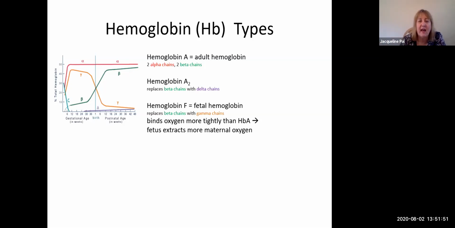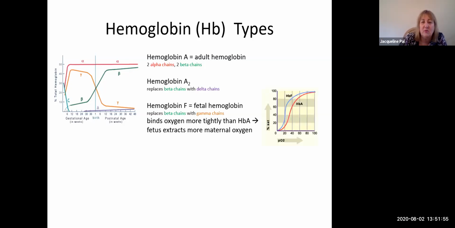And what that allowed was it allowed oxygen to bind more tightly, which was actually a benefit for you in utero, because it let you take more of your mom's oxygen from her hemoglobin, where it was looser with its attachment.